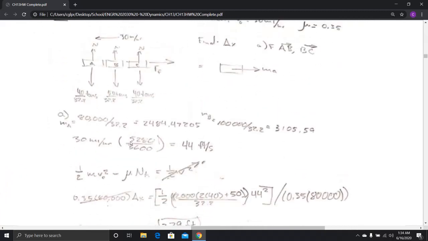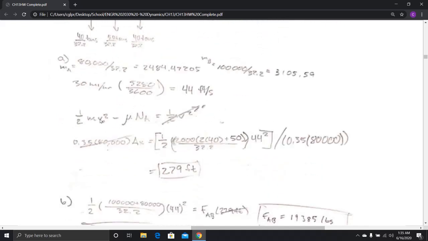I go ahead by drawing my diagram, converting the weight into mass, because that's going to be required to find the kinetic energy. I realize the kinetic energy is going to be absorbed by the force of friction.